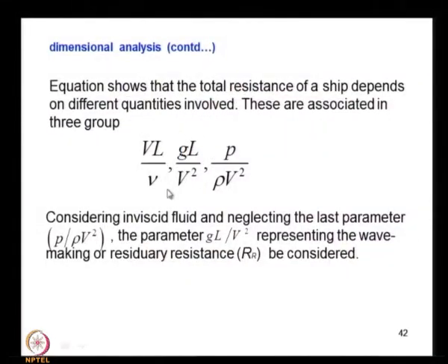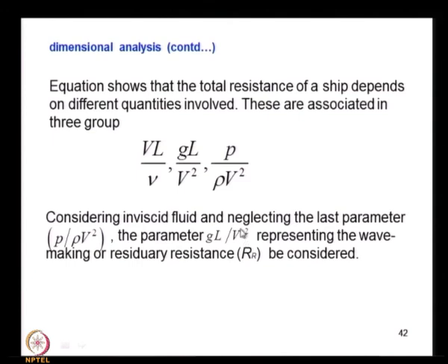So, if the fluid is inviscid, you will not have frictional resistance, but you will have the wave making resistance. If you satisfy only the Froude number, you will be able to predict only the wave making resistance, or in general the residuary resistance. That is what it is concluding.